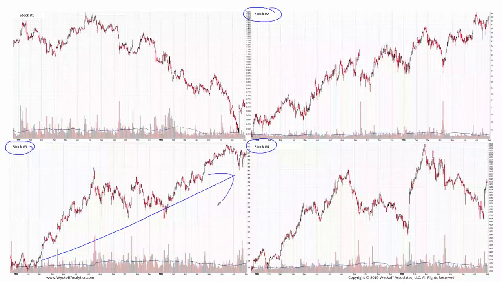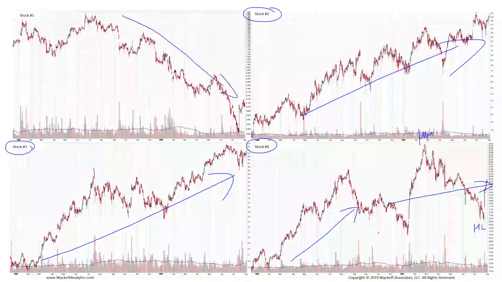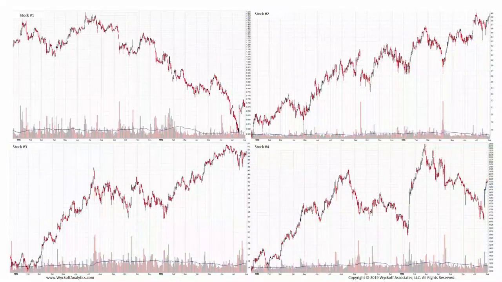Because here we have an uptrend, here we have an uptrend, here we have an uptrend, and then higher high and higher low, so still kind of like in this upsloping structure. And here we clearly have a downtrend. Okay, so what I would like to do is, and by the way, the majority of you said stock number 3.